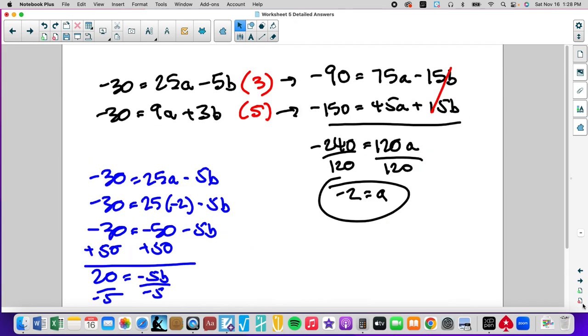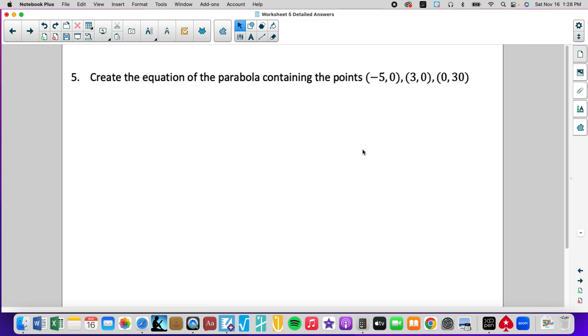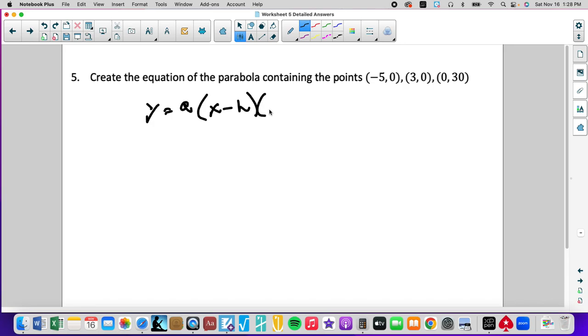Let's add a page. Let's retry this. So the intercept form for a parabola is y equals a times x minus intercept 1, x minus intercept 2. It's not h and k because h and k deal with the vertex, and we don't have the vertex.